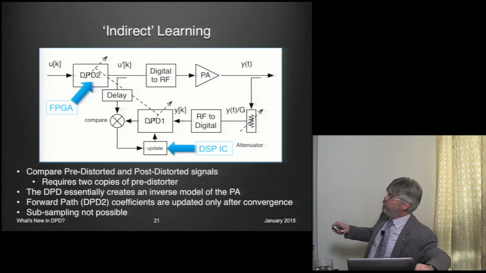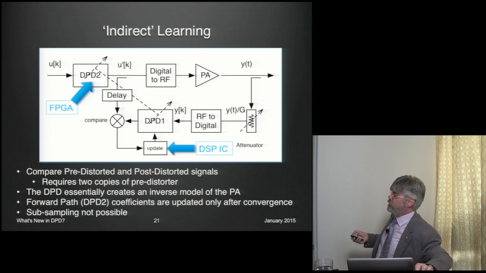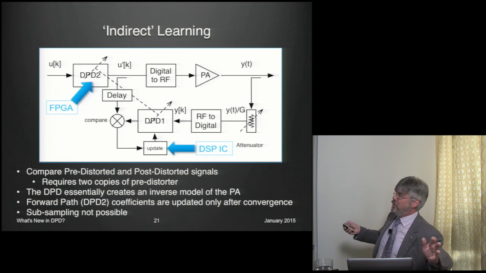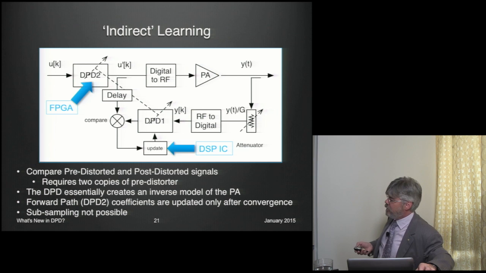So if your DPD is working, then the output from your PA is linear, so it's the same as the input here, and so the pre-distorted and post-distorted outputs should also be the same. And so you've now got a converged system and everything's okay. So this is known as indirect learning. It's very popular in the academic circles. Almost every paper you see published on DPD, 90% will have indirect learning.